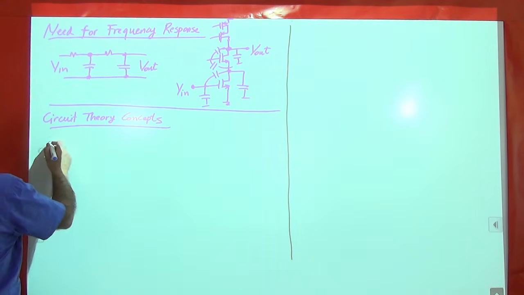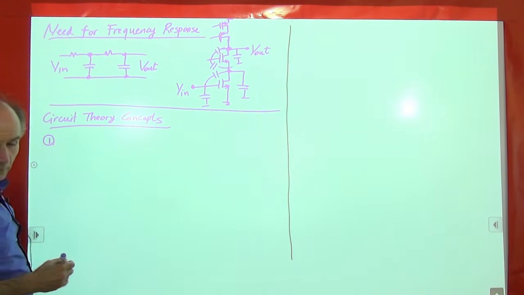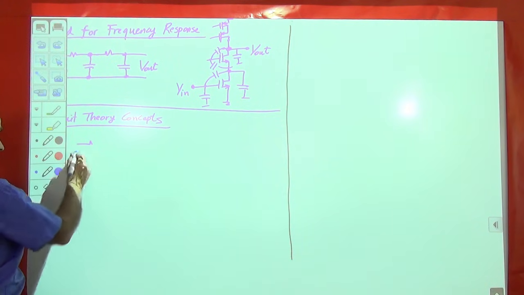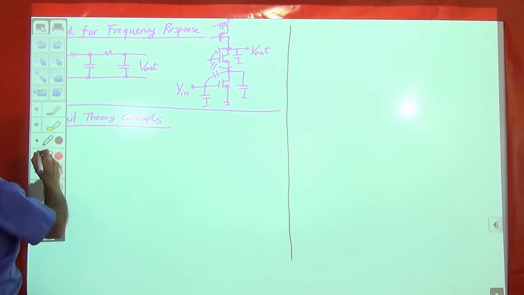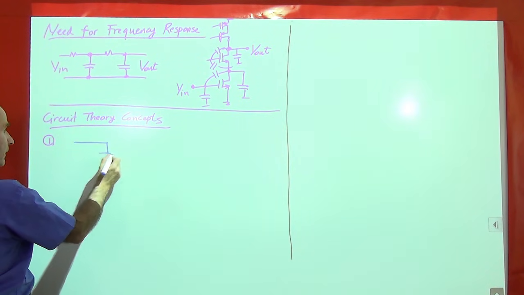Okay, so number one. Number one is, let me try to start with a capacitor. So we start with a capacitor for now, because that turns out to be the most troublesome component in our circuits.